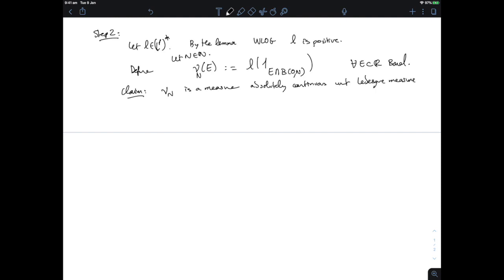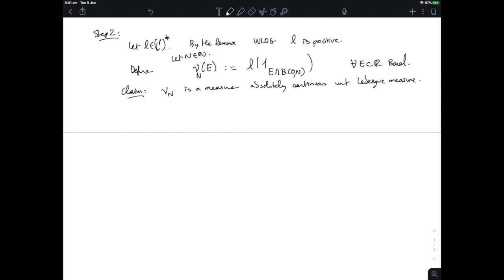Now, if I can prove that, I'm going to then have the Radon-Nikodym differentiation theorem kicking in, and my measure will be integration against a function, and that function will be the element of L^p prime I'm looking for, at least restricted to the ball of radius N, and then we'll send capital N to infinity. That's the idea here about how you construct the g. First you construct a measure, and then you apply Radon-Nikodym differentiation.